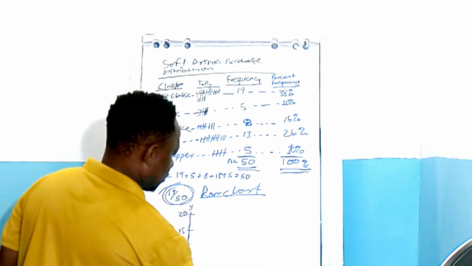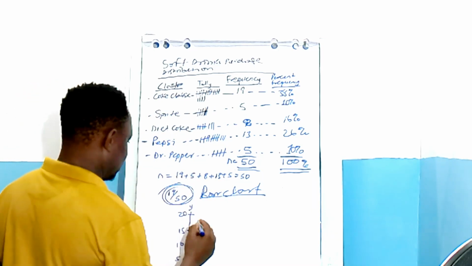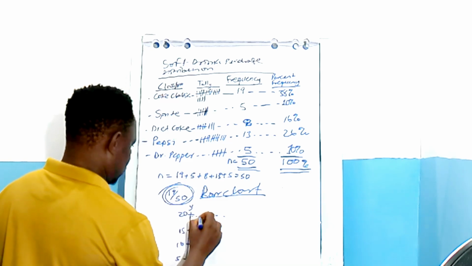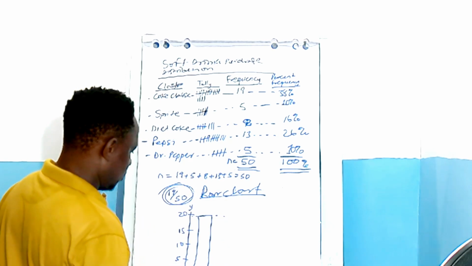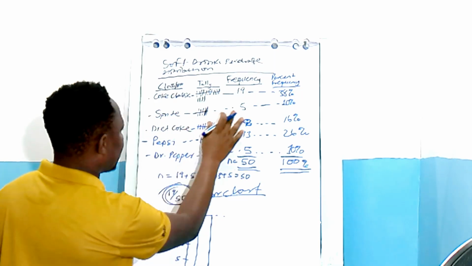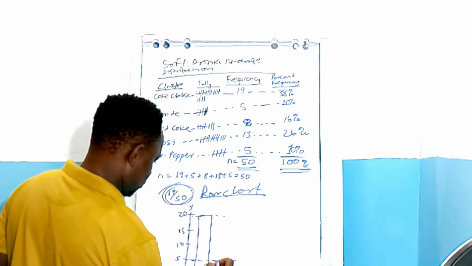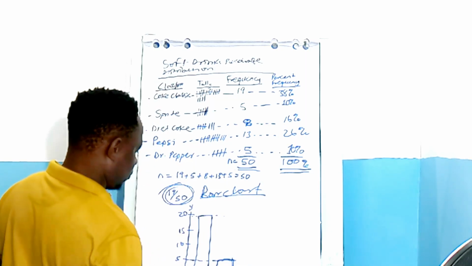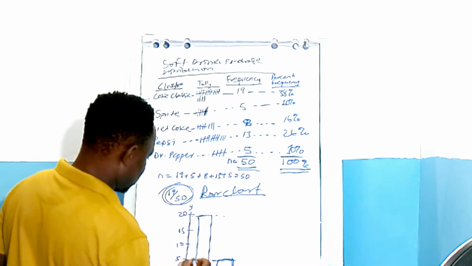y-axis at 20. Now Coke Classic is 19, so 19 should end here. Take our bar chart from here. The next one is Sprite, which is 5, and our 5 should be somewhere here. The next one is Diet Coke, which is 8, so somewhere around here.